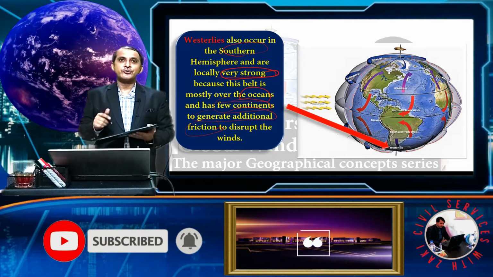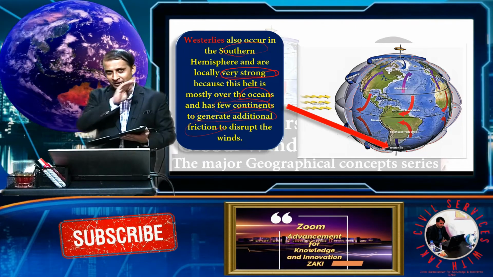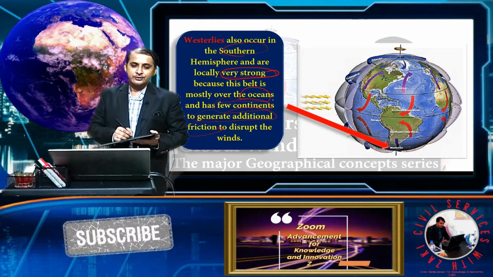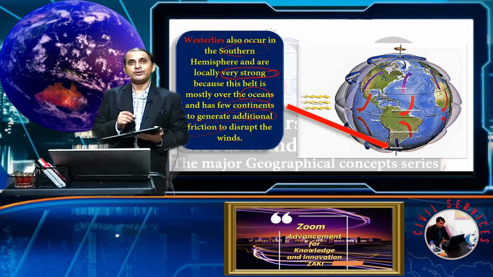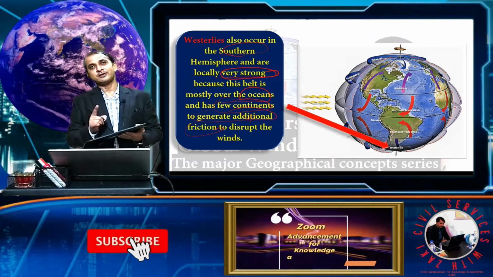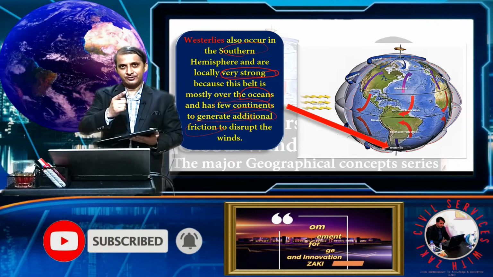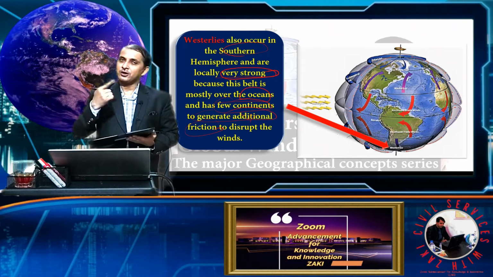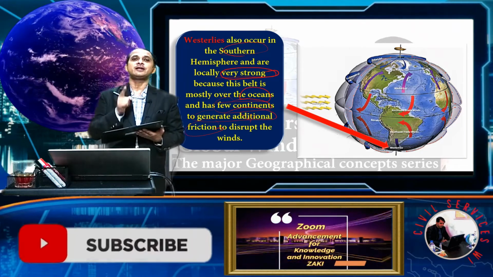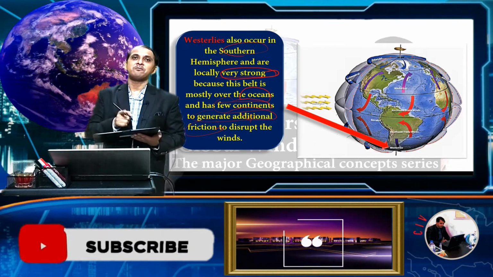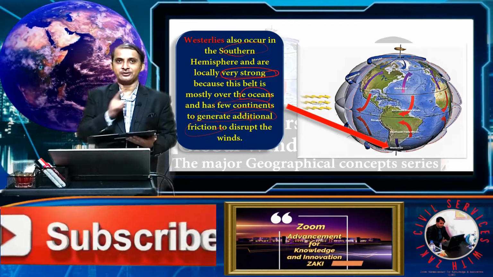Less friction means the velocity of these winds is very strong in the southern hemisphere. So if such a question is asked by the UPSC, which westerly is stronger, northern hemisphere or southern hemisphere, then you answer the southern hemisphere, because of the lack of much terrestrial land.